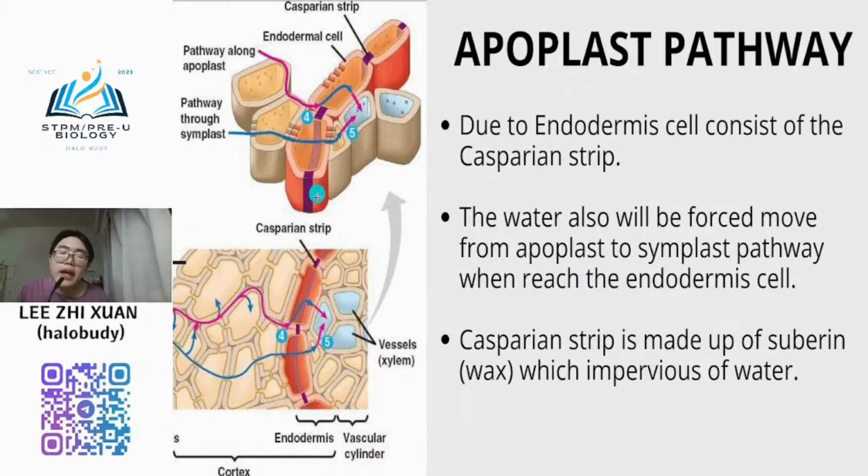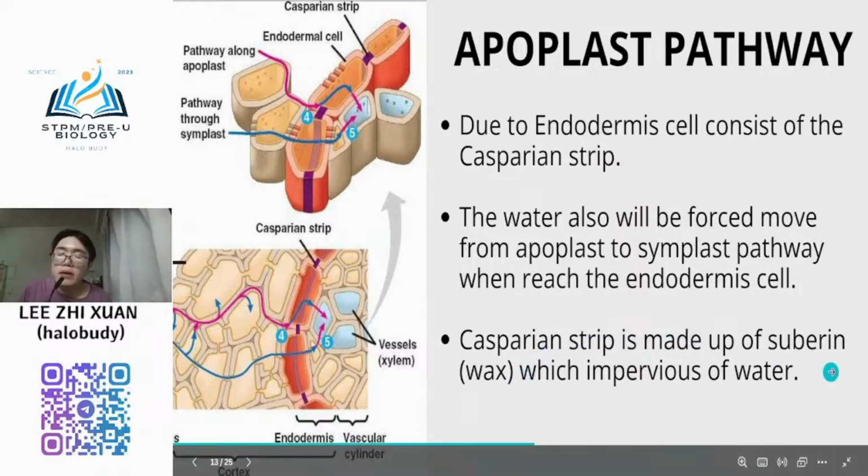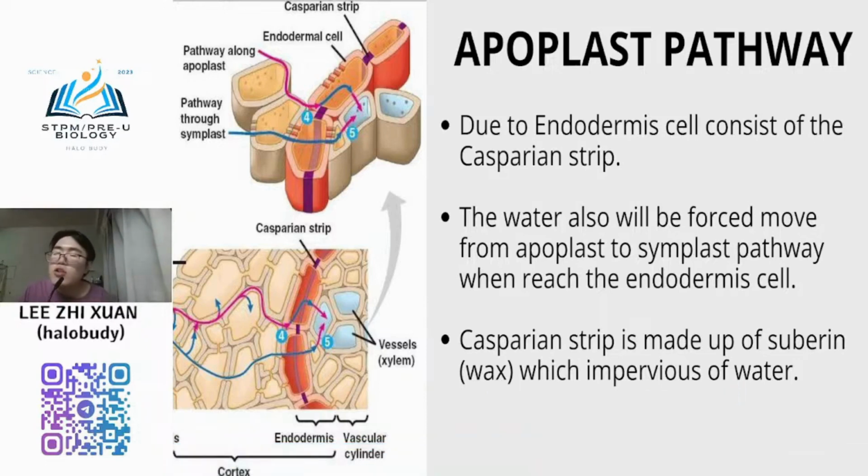Because in the endodermis cell, there is a line we know as the Casparian strip. You see this purple line; this purple line is the Casparian strip. Normally this Casparian strip is made up of suberin, which is a type of wax. We know that wax is impermeable and insoluble to water.